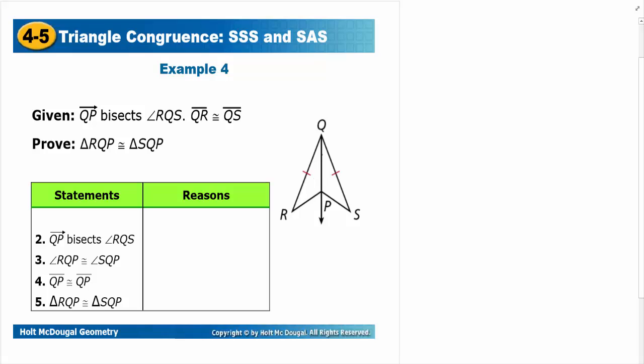In this situation, it looks like we're going to use side angle side. Right off the bat, ray QP bisects angle QRS, so I'm going to write given. They say QR is congruent to QS. It looks like that's cut off, so I'm going to put that in as step 1. QR is congruent to QS, and that's given as well.